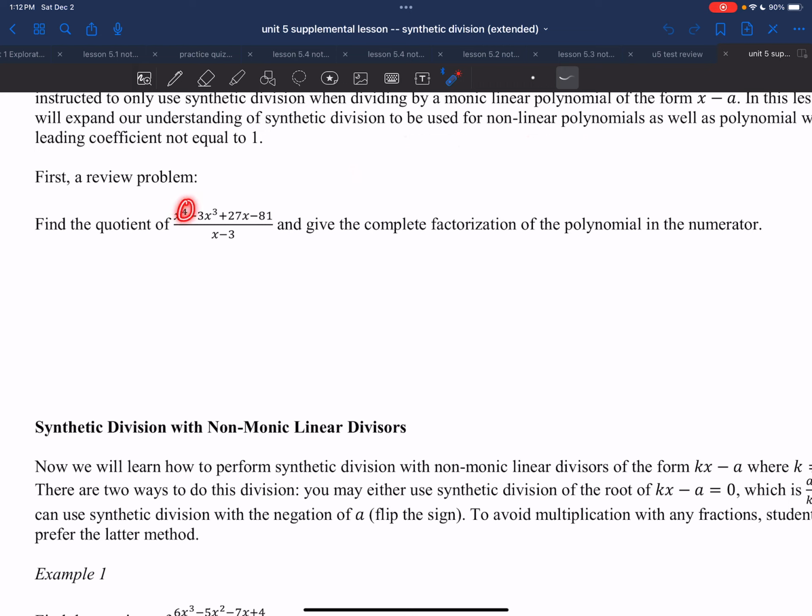So 4, 3, there's a 1 and there's the 0. I don't have x to the 2, so that means that's 0x squared. So when I write out the coefficients, I've got 1x to the 4th minus 3x cubed plus 0x squared, which you don't see in the polynomial, plus 27x minus 81. So those are the coefficients of my dividend polynomial.